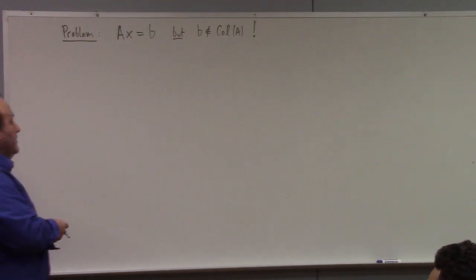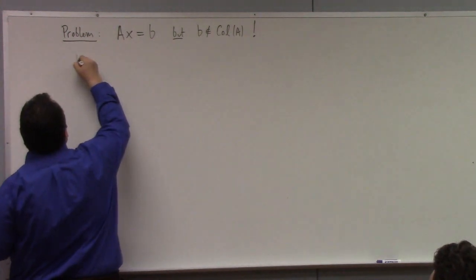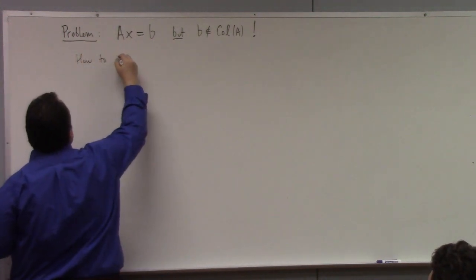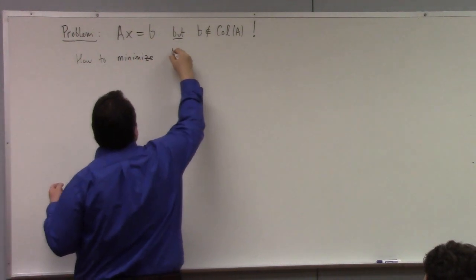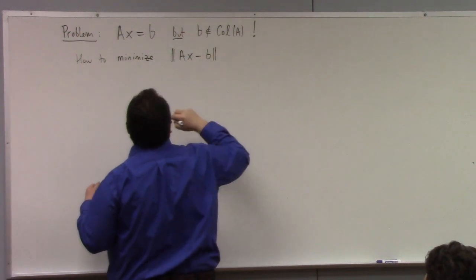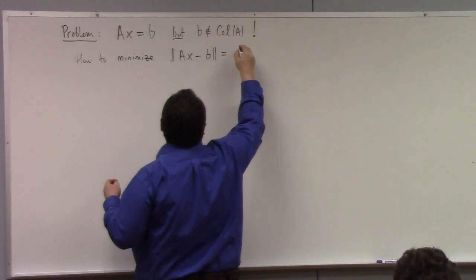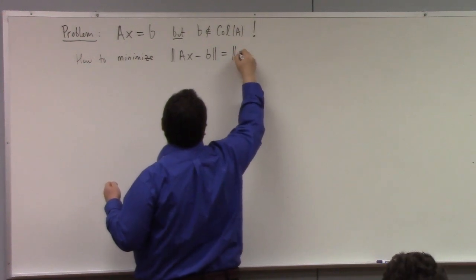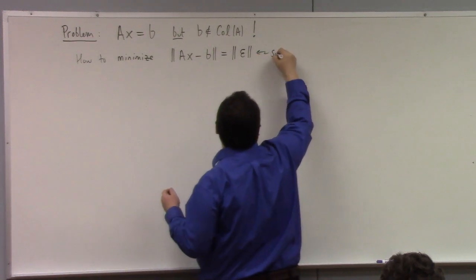So what we do is we say, okay, well, I can't solve it. How to minimize the Ax minus b, right? So that would be basically the error term. If I call that the error term, I want to make that as small as possible.